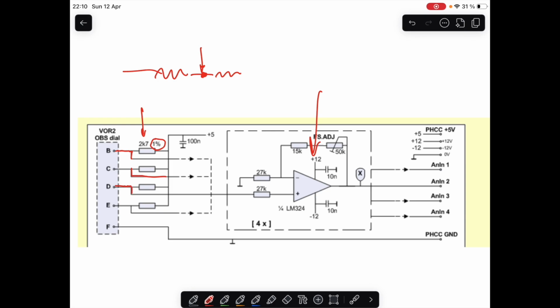We read the voltage here, and then this voltage gets to an amplifier here. I was thinking of using this plus 12, minus 12, but I realized I don't need it, because what I need in my case is just something which is able to give me from 0 to 5 volts. So I was able to implement this with just positive voltages.